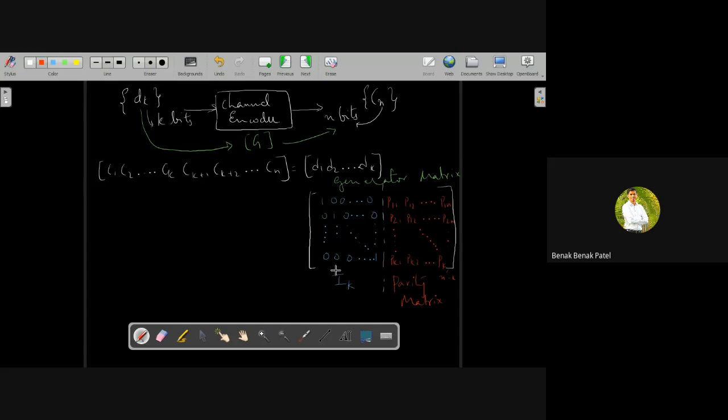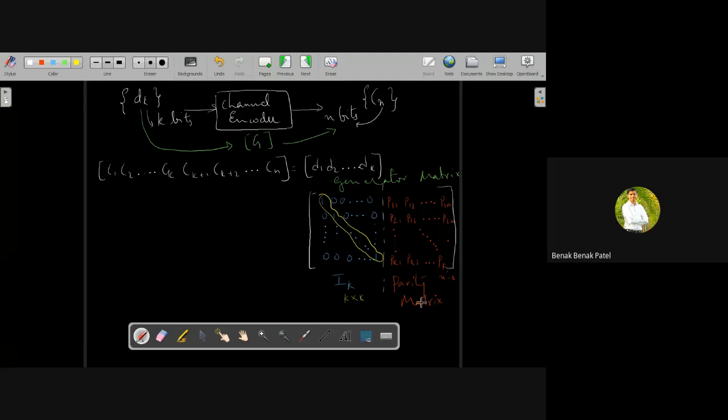This identity matrix is always a symmetric matrix, so its row number should be equal to its column number, or I can also write it as k cross k.